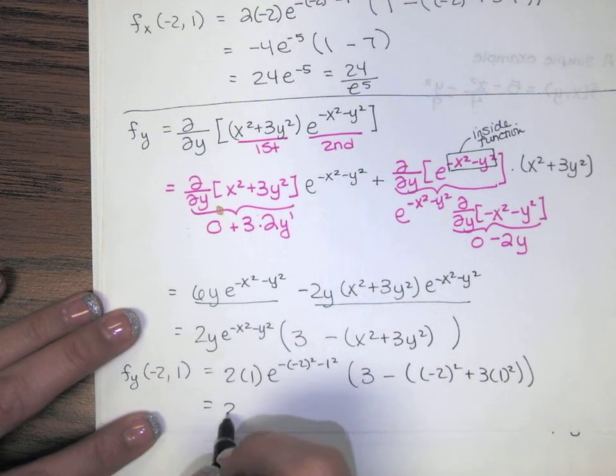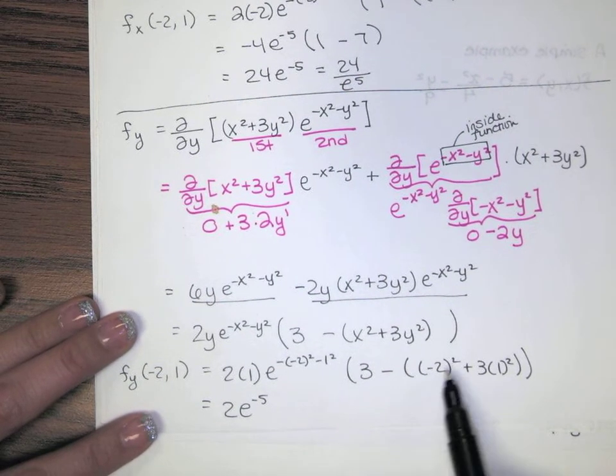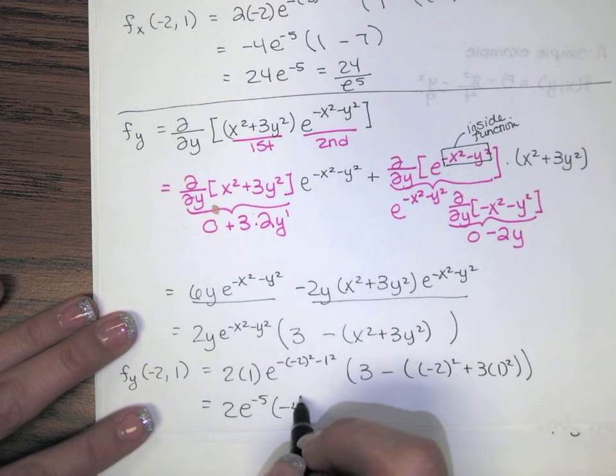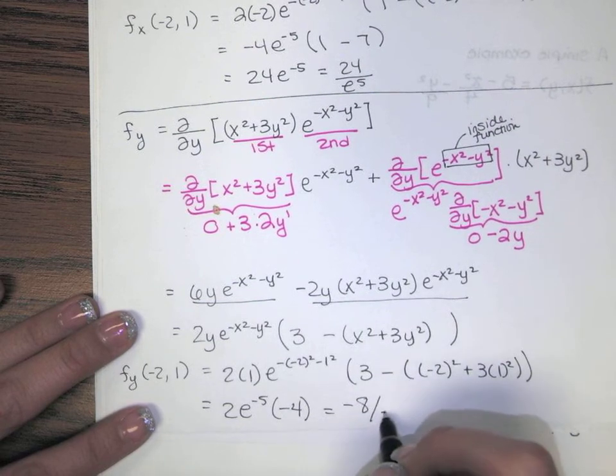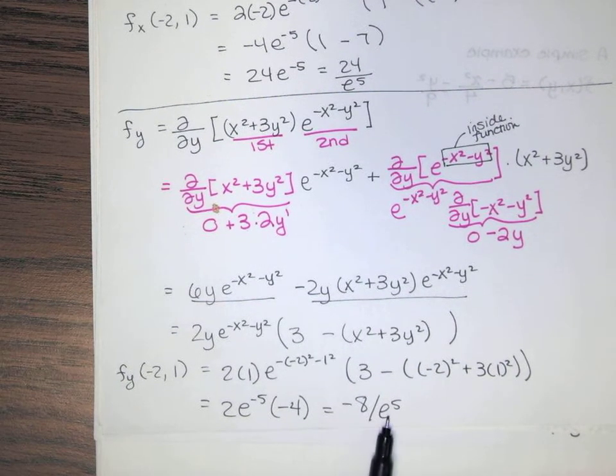So I've got 2 times e to the negative 5, and this is still 7. 3 minus 7 is negative 4. So we have negative 8 over e to the 5th. So it looks like slope in the y direction is tiny and negative, and slope in the x direction was tiny and positive at that point for this particular surface.